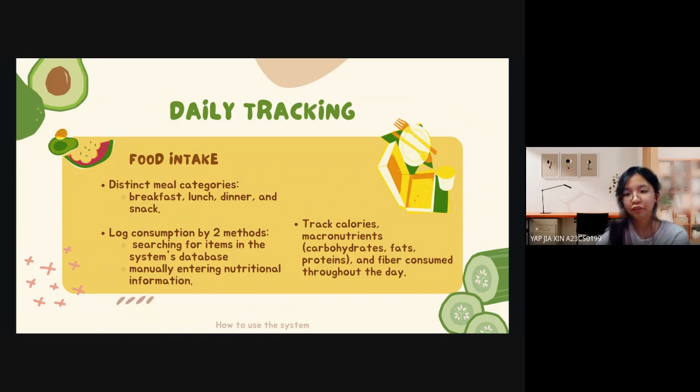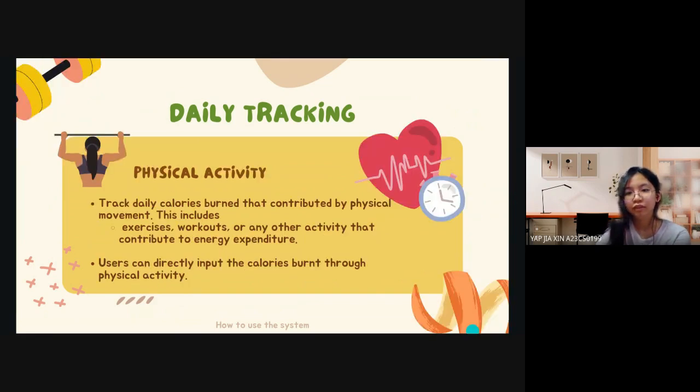So the system can track the calories, macronutrients, and fiber consumed by the user throughout the day. For physical activity, the system helps to track daily calorie burn contributed by physical activity, for example, exercise, workout, or any activity. User can directly input their calorie burn through physical activity.